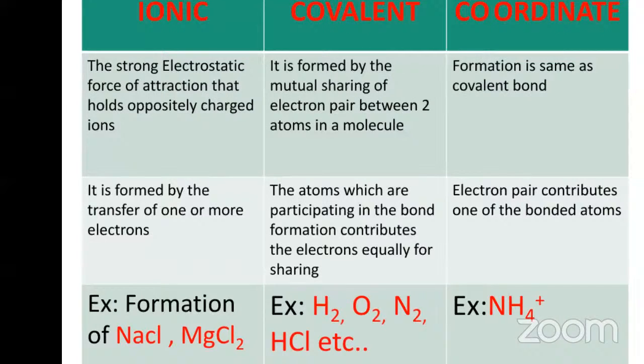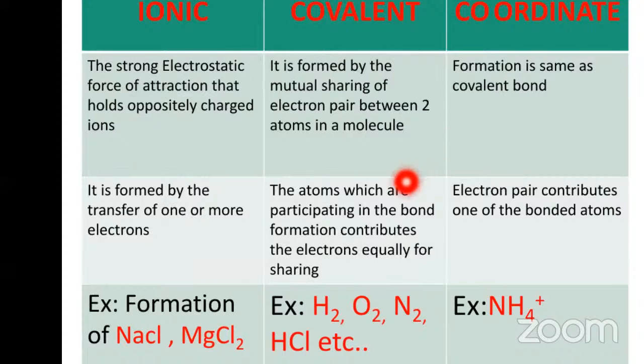And coordinate bond. It is also the same in formation as a covalent bond. That means it is also formed by the mutual sharing of an electron pair between two atoms in a molecule. But there is a small difference between covalent and coordinate bonds.